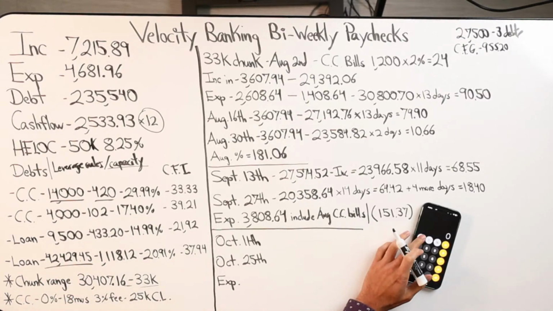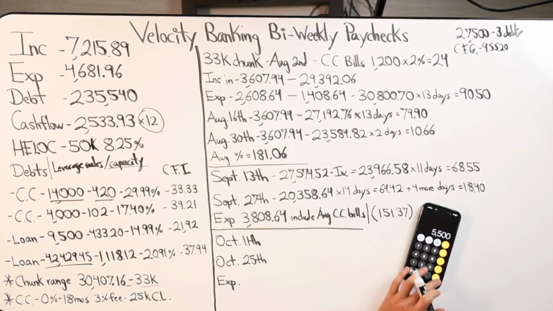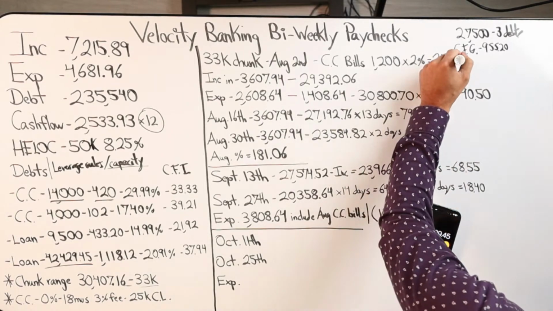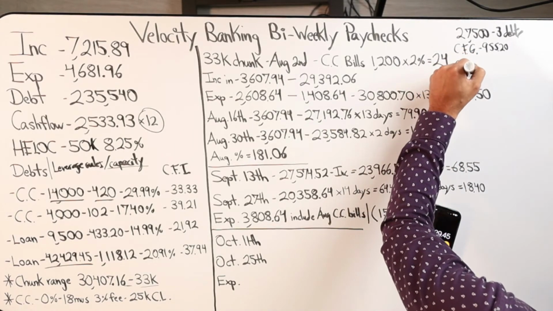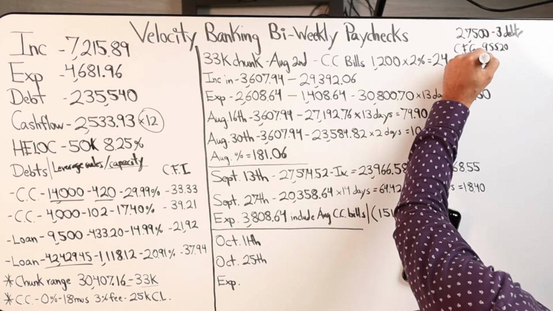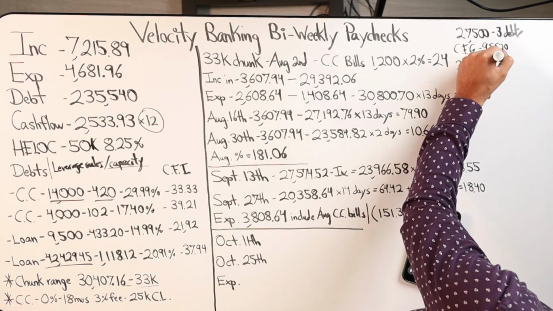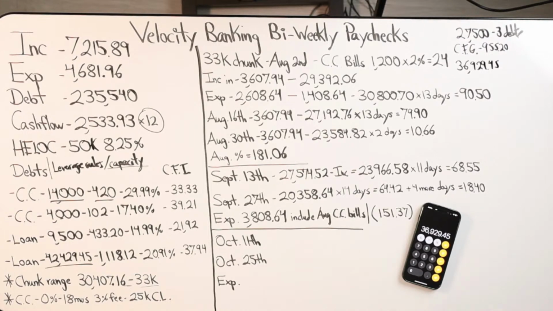So 5,500, 42,429.45 minus 5,500 would bring the balance down to 36,929.45. That's one option.